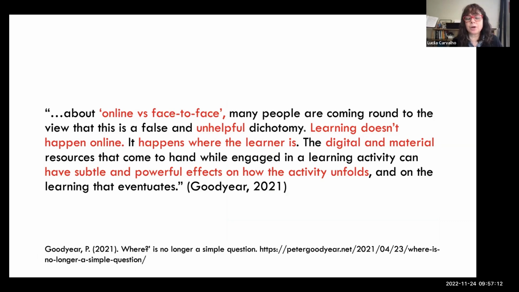And he talks about how this dichotomy between online versus face-to-face is unhelpful, because learning doesn't happen online. It actually happens where the learner is. So it's really important that we acknowledge the digital and the material resources, and look at how those elements can have subtle and powerful influence in learning activity.